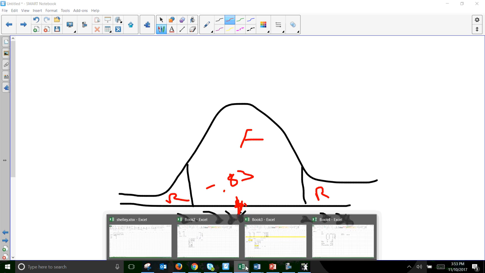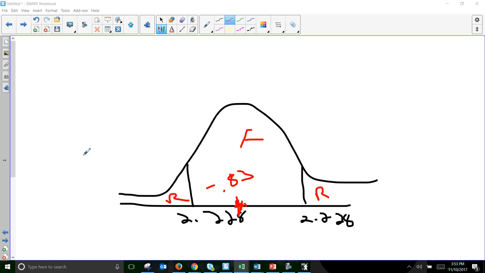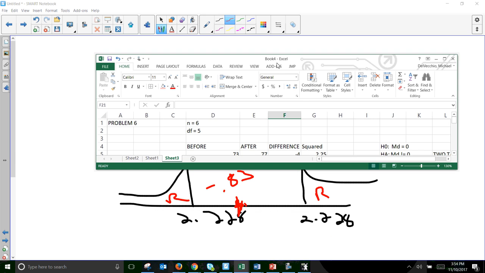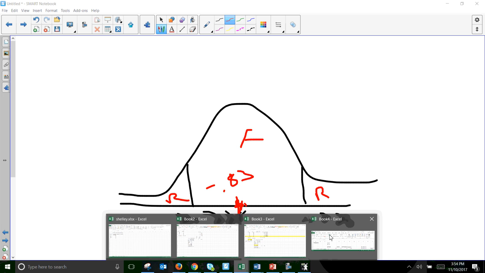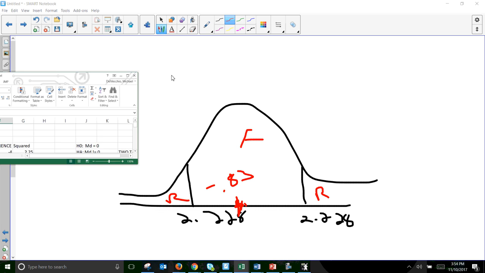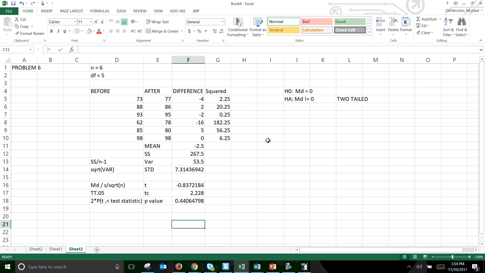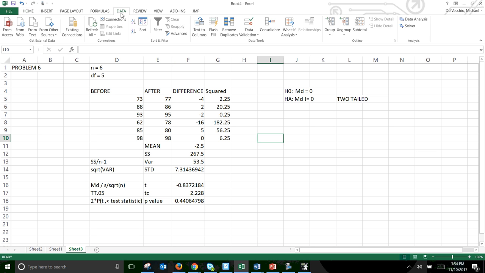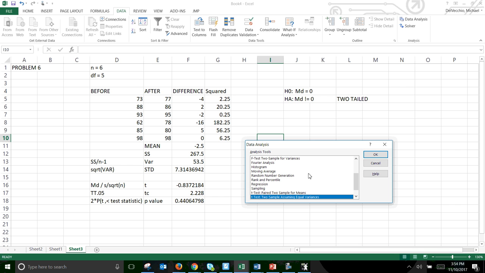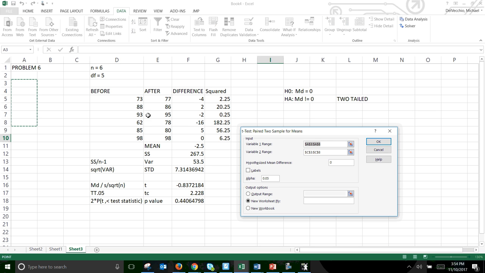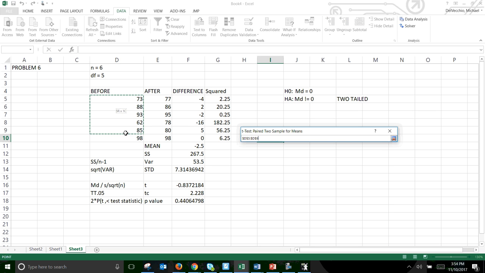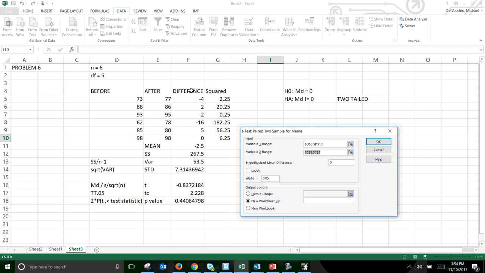What I wanted to show real quick was, in Excel, using that analysis table. So here, you go to Data Analysis. This is going to be t-test: paired two-sample for means. Okay, so we're going to use our before as one group, and we're going to use our after as another.